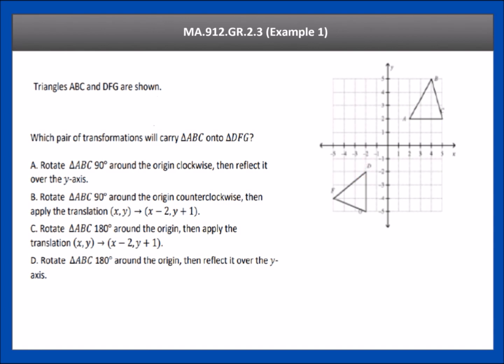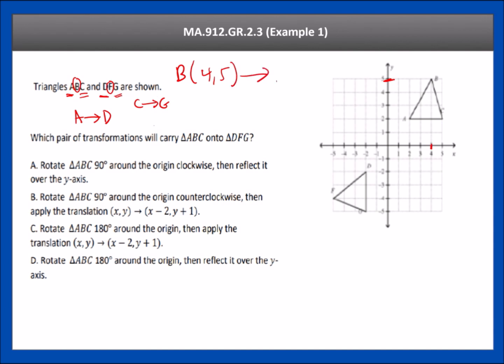So notice that A maps to D. And we notice that from here, B maps to F, right? And from here, C maps to G. So we know which one goes to what. So let's go ahead and do B. We know that B should map to F, right? So let me just focus on B. We know that the coordinates of B are 4, 5.